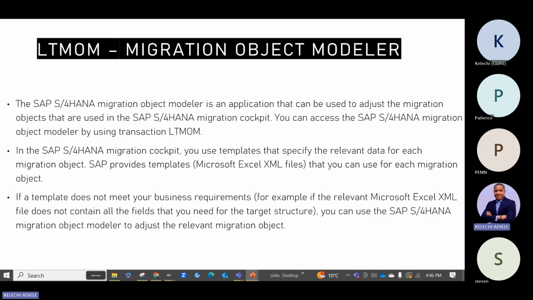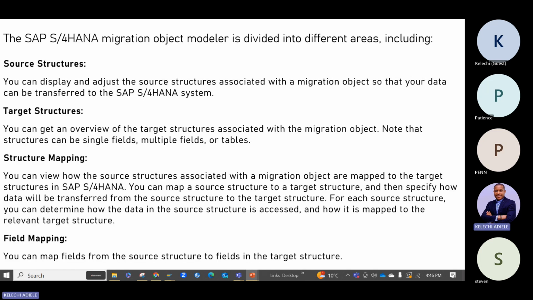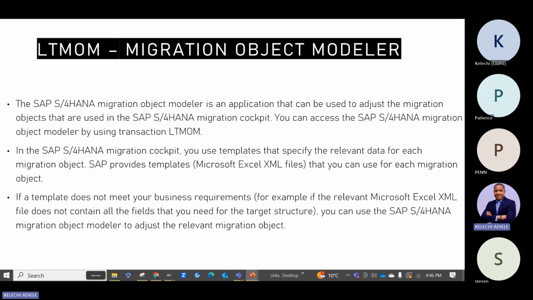And like I said, I also share a video that shows you how you can do this editing. But in most cases, you might not need to do that. But in case you need to, there is an object called LTMOM, the Migration Object Modeler. That's why migration is a serious business.